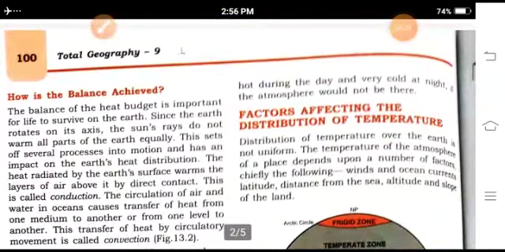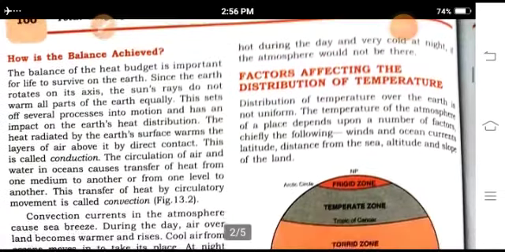How is the balance achieved? The balance of the heat budget is important for life to survive on the earth. Since the earth rotates on its axis, the sun's rays do not warm all parts of the earth equally.